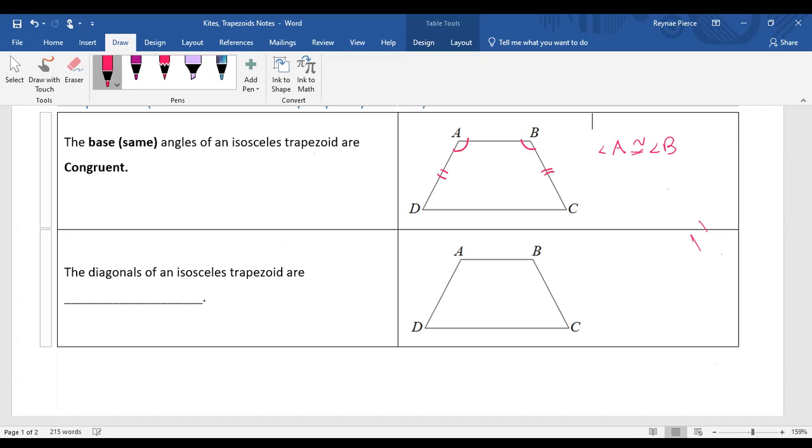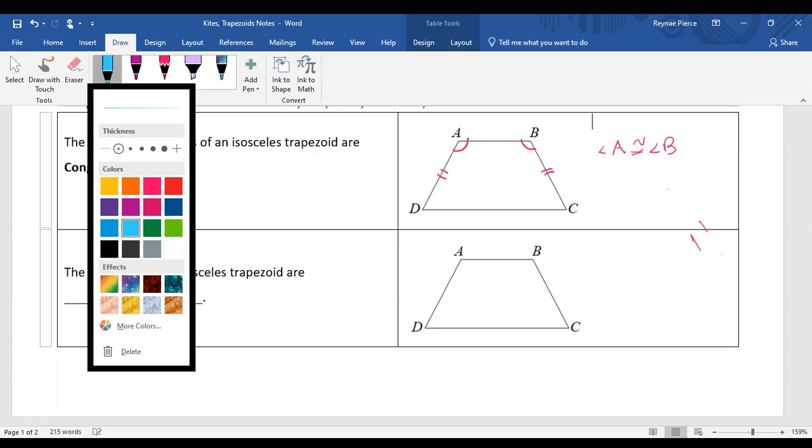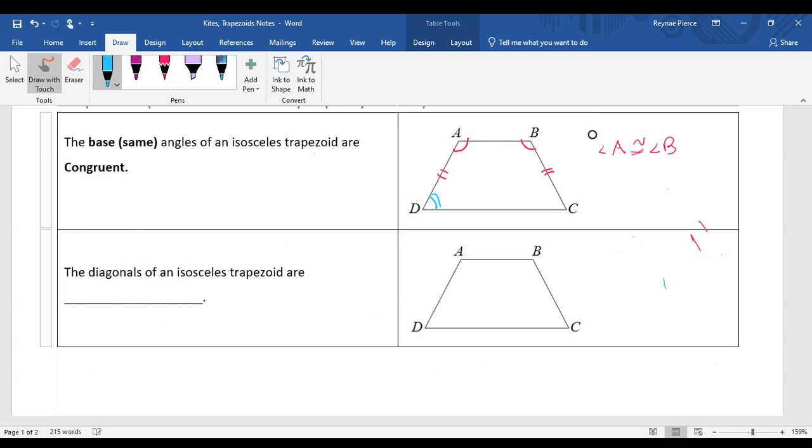And then angle C and angle D are also congruent.